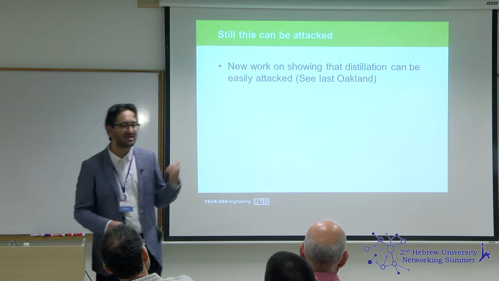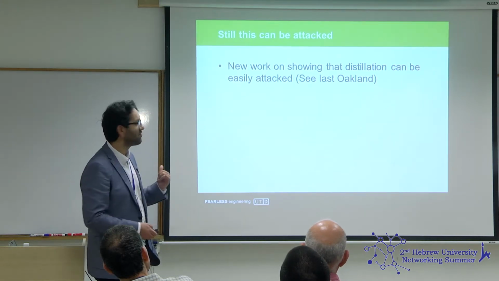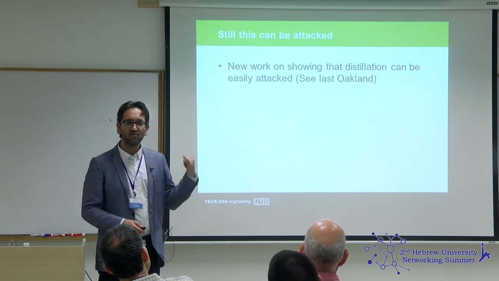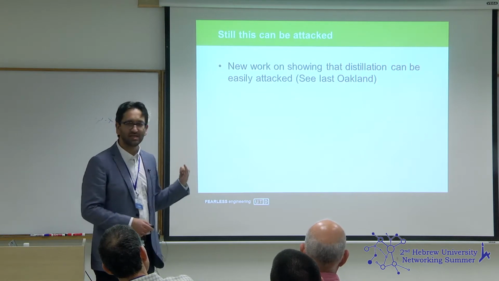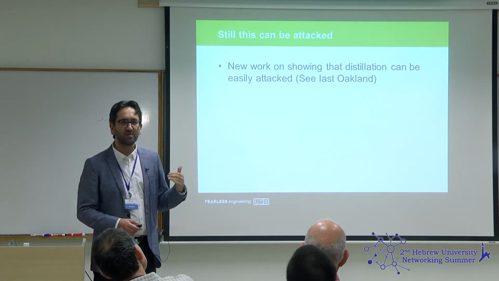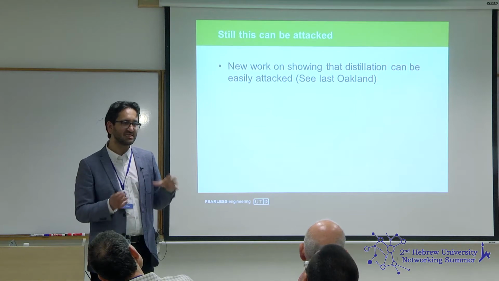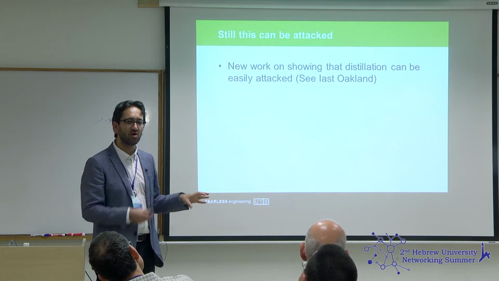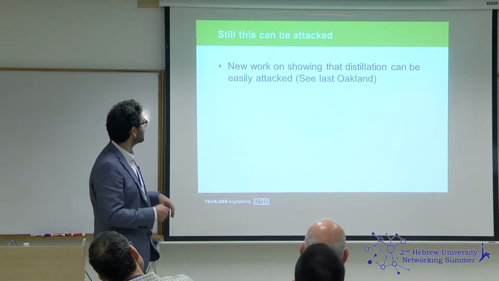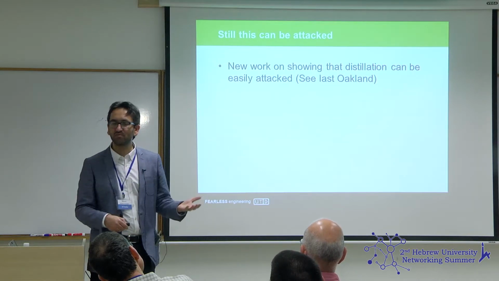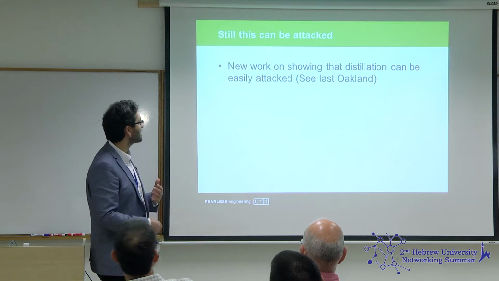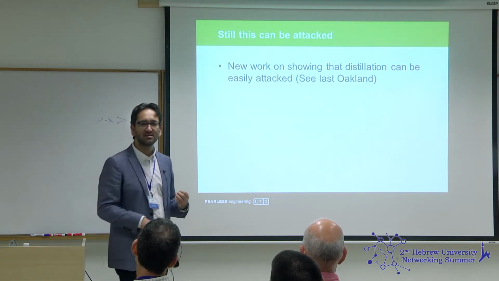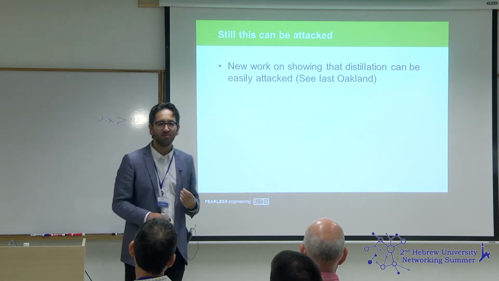But it turns out, and I didn't put the slides here in the interest of time, you can check it, there's a new paper showing that this can actually be easily attacked also. This is robust against the previous attack on the original network. But when they have a new attack tailored to the distillation mechanism, it turns out this robustness is not very robust anymore.